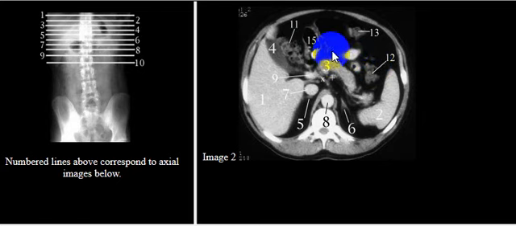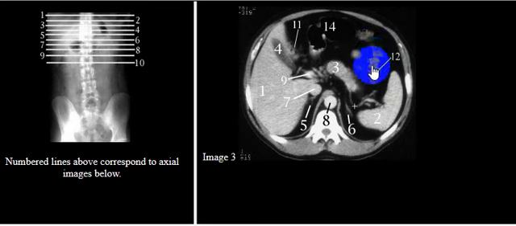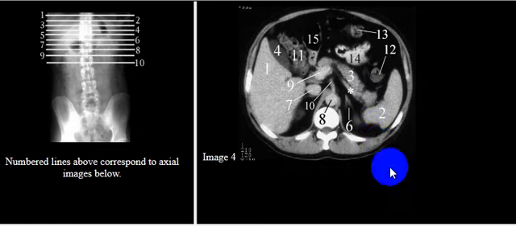And here, these are small bowel. Here again, descending colon, stomach, ascending colon, and these are small bowel. Here, this is the descending colon, this is the stomach, this is the transverse colon, and this is the ascending colon.